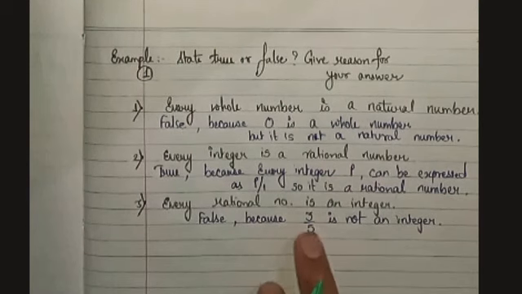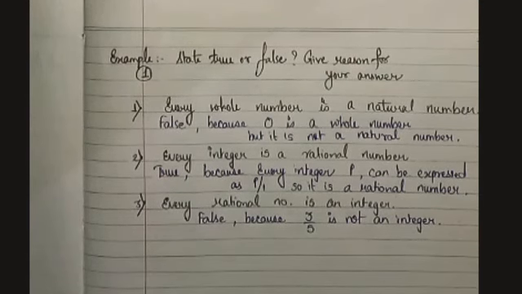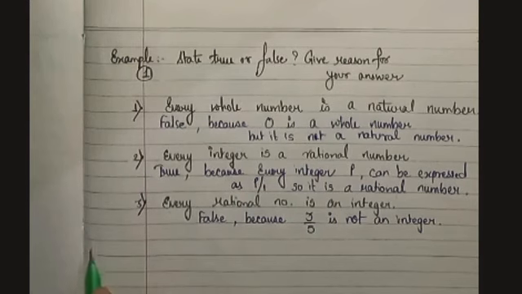You can write any fraction here and that will not be an integer. Any fraction, in the sense the denominator should not completely divide the numerator. That means the factors of these two numbers should not be the same and the denominator of this fraction should not be equal to 1. Okay. So here our question ends.